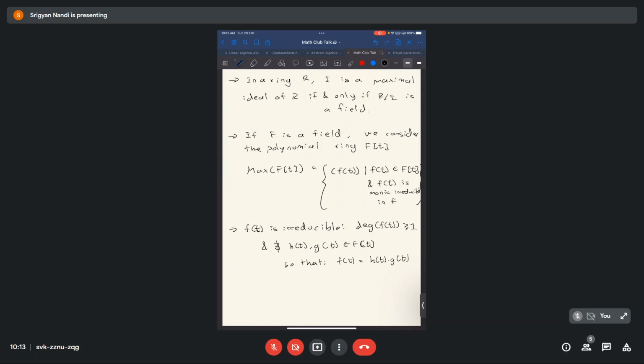Of course, the degree of both h(t) and g(t) should be greater than or equal to 1.